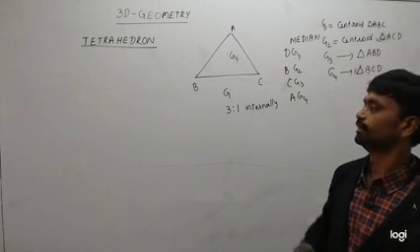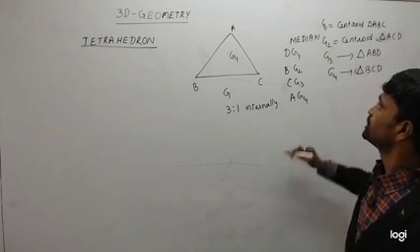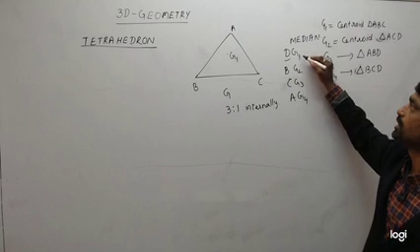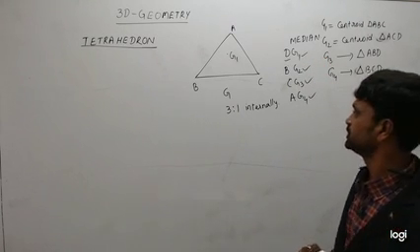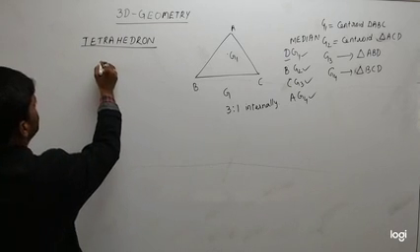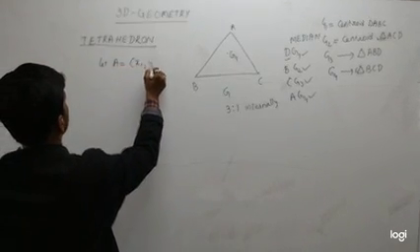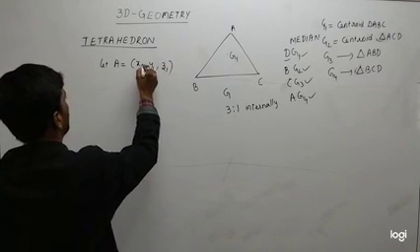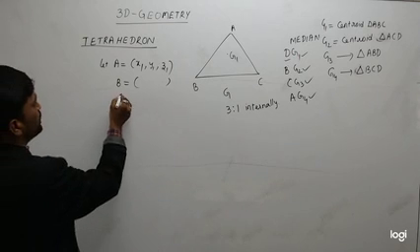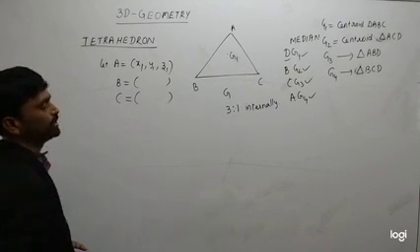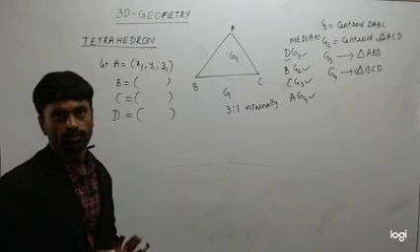So to get the coordinates of centroid of the tetrahedron, first we have to find coordinates of G1, G2, G3, G4. Okay. So first, let us assume the coordinates of A are x1, y1, z1. Similarly, coordinates of B are x2, y2, z2. Coordinates of C are x3, y3, z3. Coordinates of D are x4, y4, z4.